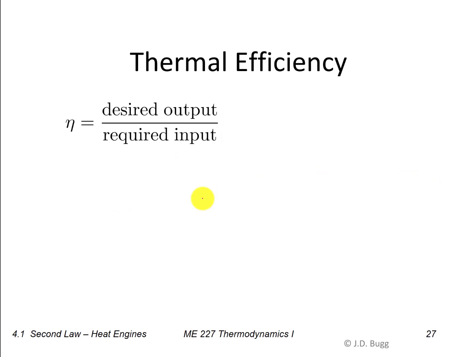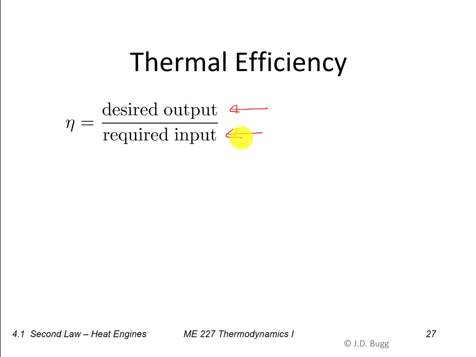Now the next thing we want to talk about is the thermal efficiency of a heat engine. So when we use the term thermal efficiency, that's specifically talking about how good a job a heat engine is doing at converting heat into work. So the definition of efficiency is the desired output divided by the required input.